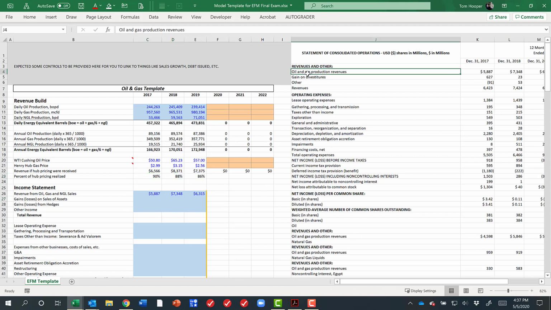So as I look at the 3 different types here, I see that we have this one. Gain on sale of assets is a gain on divestitures. And then our good friend other income, we can work with that.